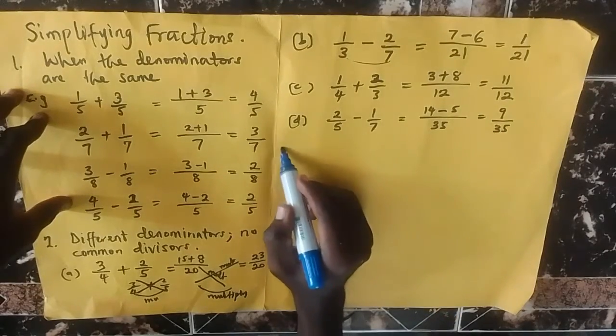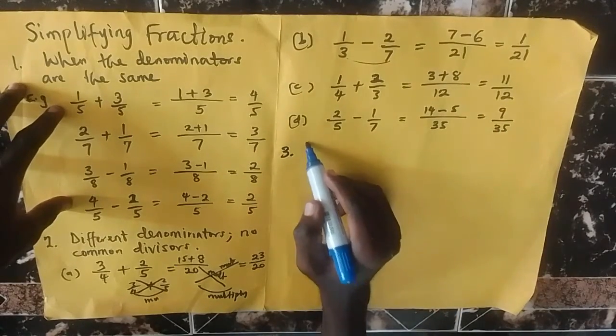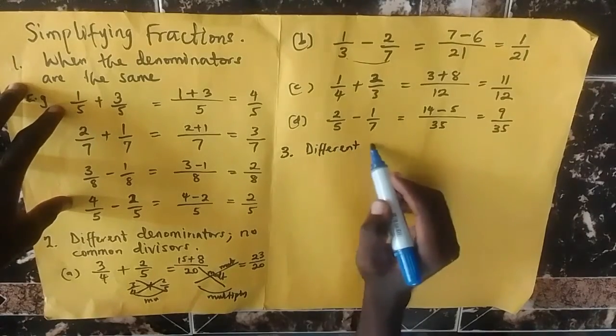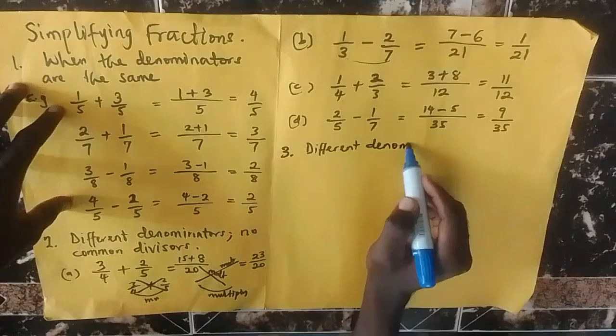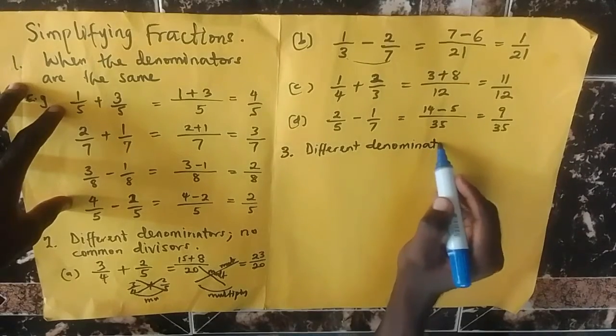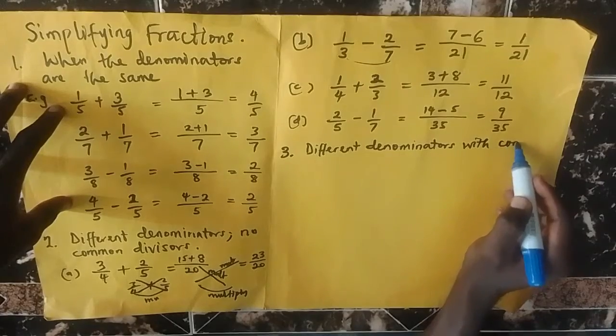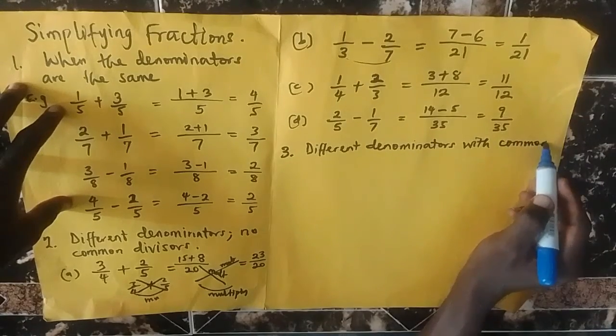Then the third case, case 3, is different denominators with common factors, common divisors.